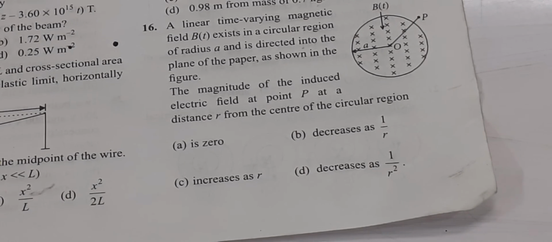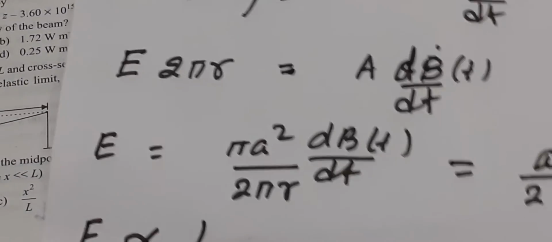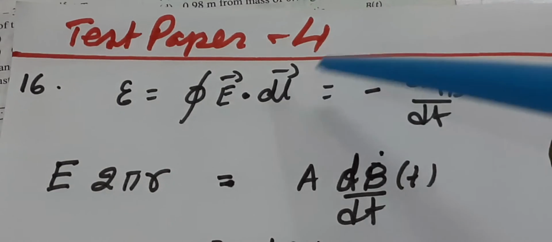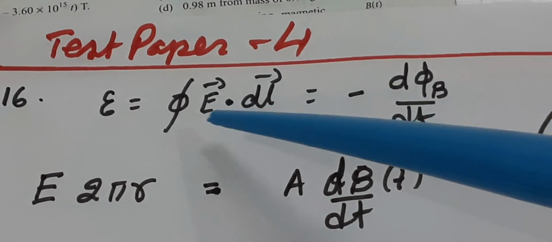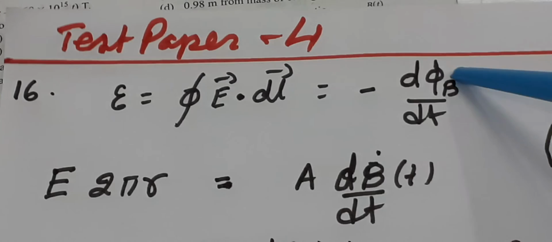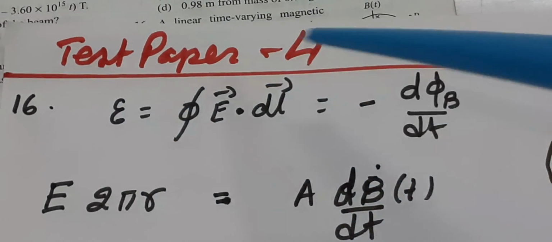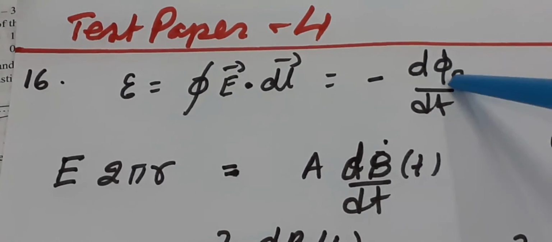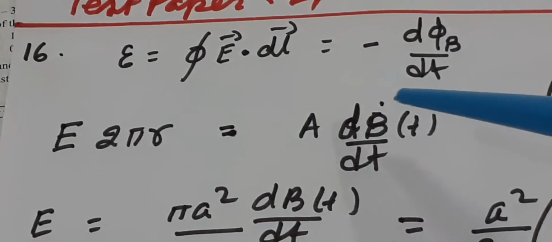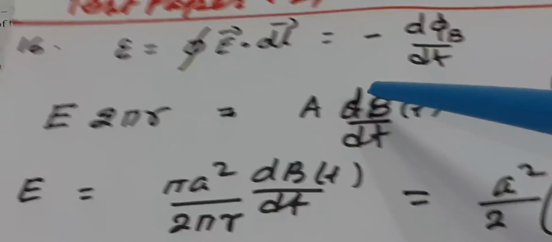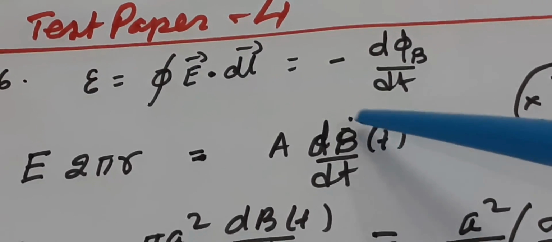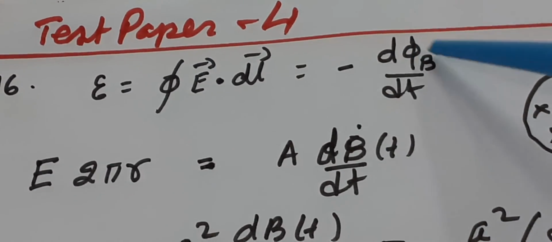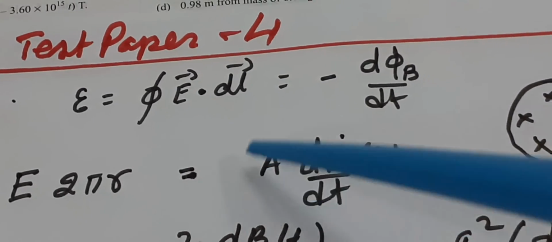Now as we know, EMF we can write as closed integration of E dot dl. This change in magnetic field will give electric field and EMF, that means minus d phi B by dt, we know. Now phi is given as B, a function of time, dot A, and the area is fixed, so area will come out.